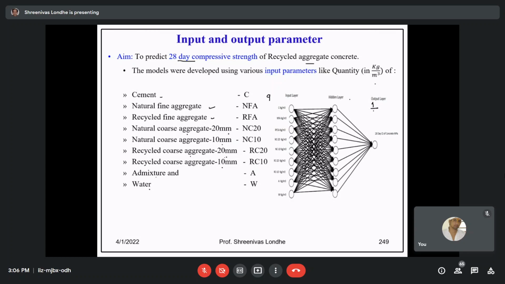Let me also put forward that the number of hidden neurons can actually be selected using various formulas devised by many researchers. But we have worked with all of these formulas, and we came to know that for a specific type of problem with a specific type of data, the trial and error method seems to work much better. So that was what was selected over here.